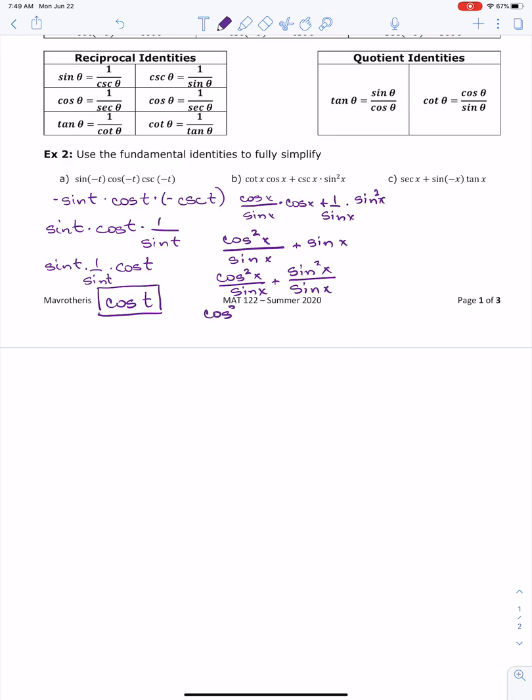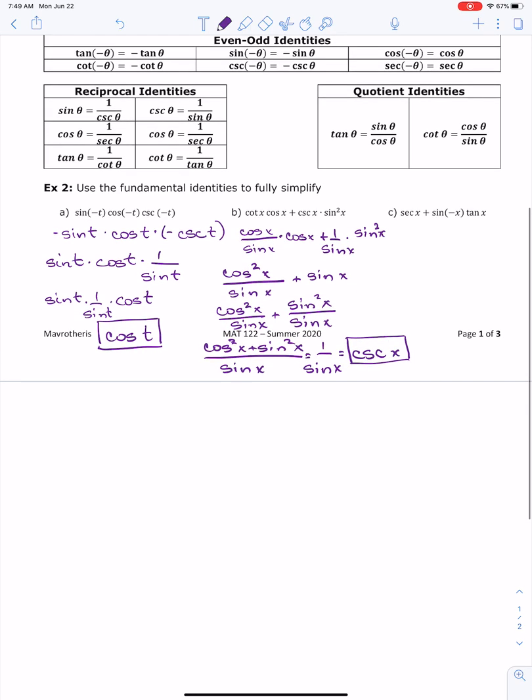I get cosine squared x plus sine squared x over sine x. Again, that numerator is 1. 1 over sine x, which is cosecant x. Looking back at my notes, I see I wrote myself a note not to cancel that sine x, but you know, pretty easy to undo something if you need to.